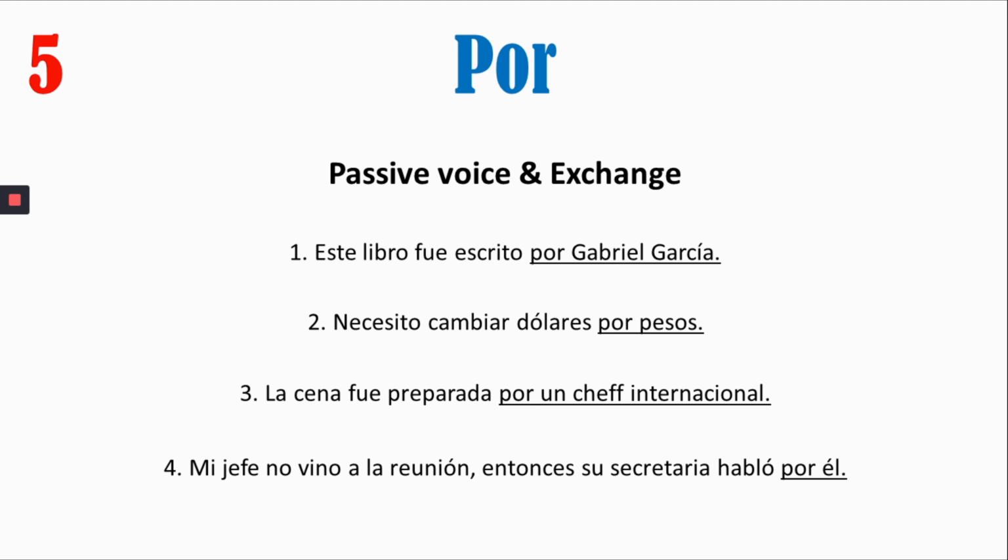Número 2. Necesito cambiar dólares por pesos. Exchange. Número 3. La cena fue preparada por un chef internacional. Fue preparada, passive voice. Un chef internacional.